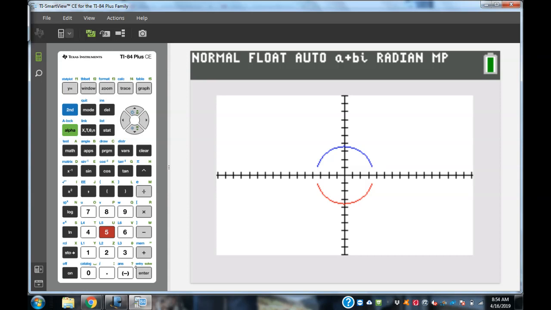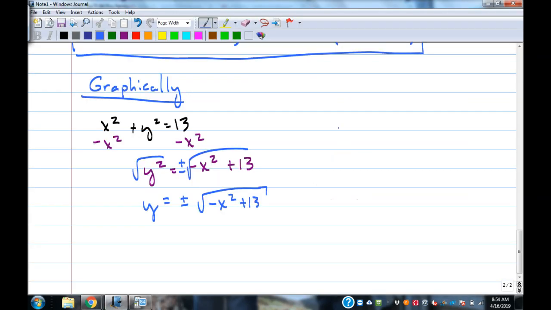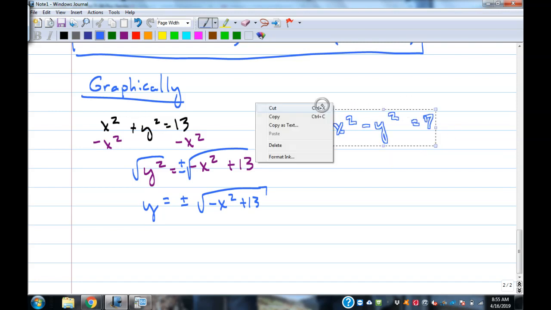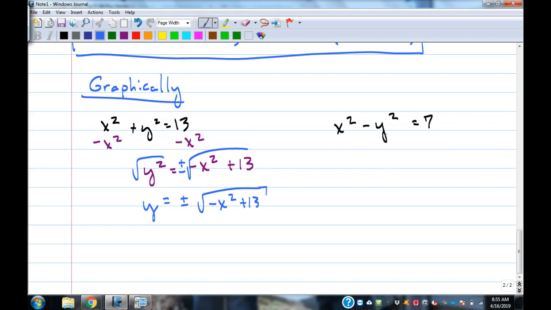Let's get the other equations. So we've got x squared minus y squared equals 7. Same kind of work is happening here. To get y by itself, we subtract x squared, negative x squared plus 7. Then we've got to divide by negative 1. X squared minus 7.